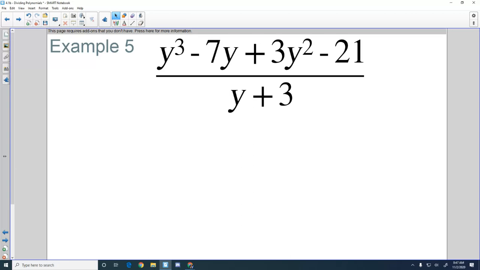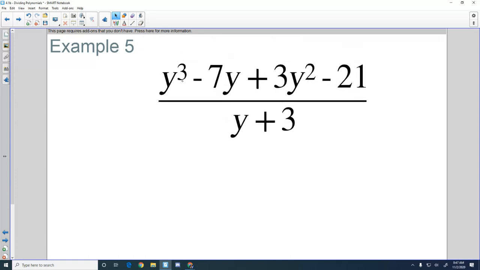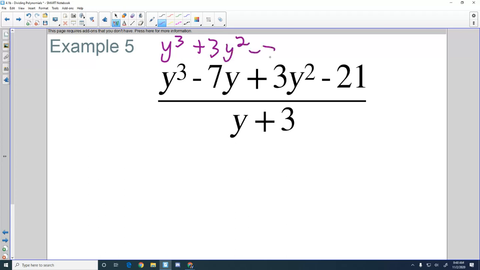So let me show you what the setup would be. First, I need to make sure this numerator is in standard form. So I have my y to the 3rd plus 3y squared minus 7y minus 21. There we go, 3, 2, 1, 0 with the exponents.